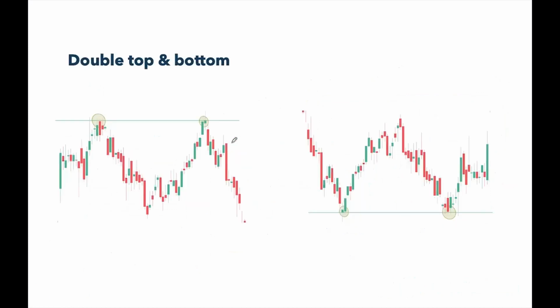Similarly, we have double bottom and double top. It is almost the same. Instead of three tops or three bottoms, we have two tops and two bottoms. So this is my first top, this is the second. This is indicating a reversal from this particular price point, and this is the double bottom. This clearly tells a positive reversal that is going to happen.